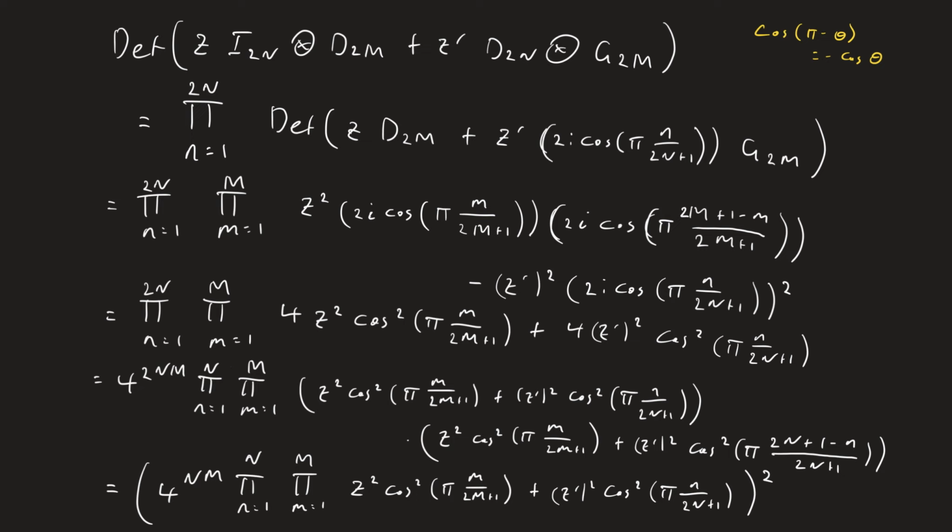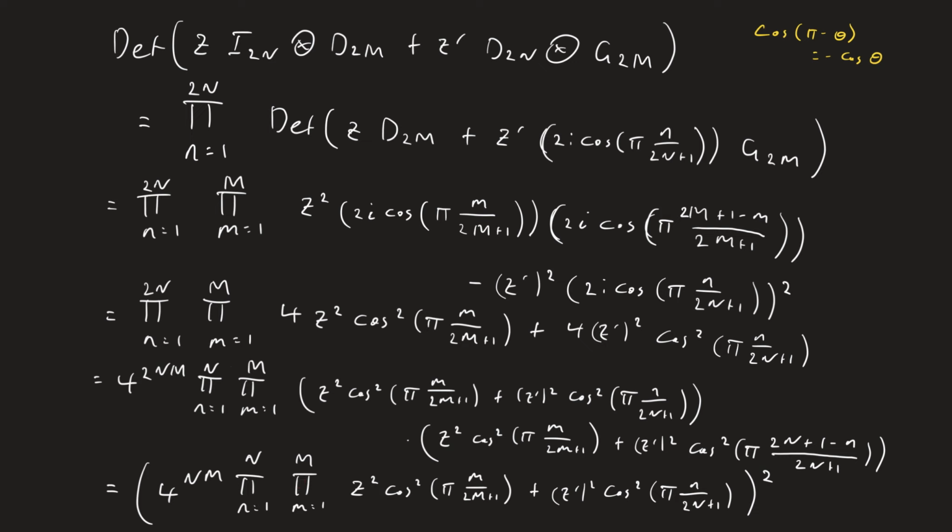We can therefore write this determinant as, in brackets, we take the square root of this number, so we have 4 to the big NM, the product of this first term here, and then we just square everything. The Pfaffian is just the square root of the determinant, and so we just leave off the bracket and the square sign, and we get this formula here.